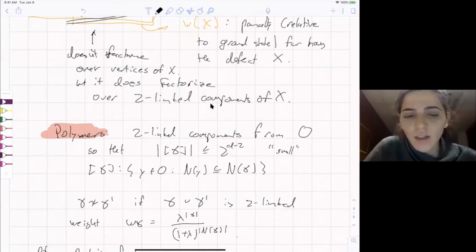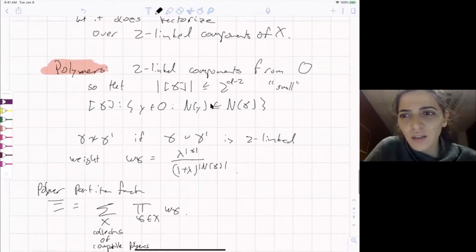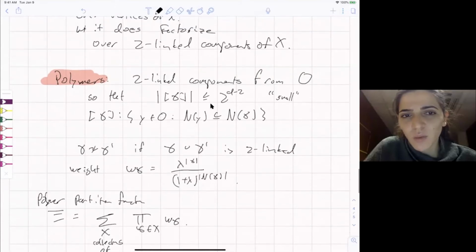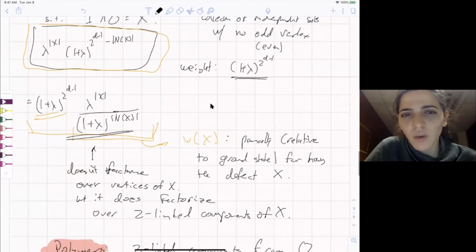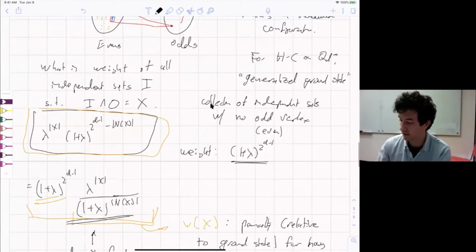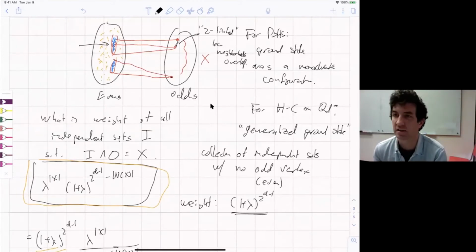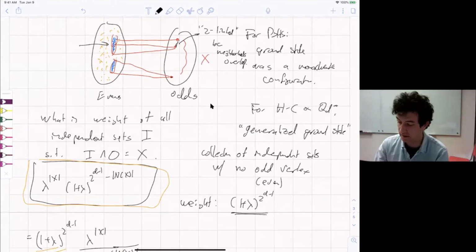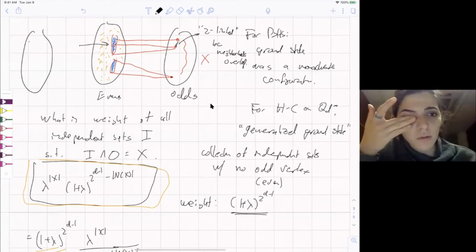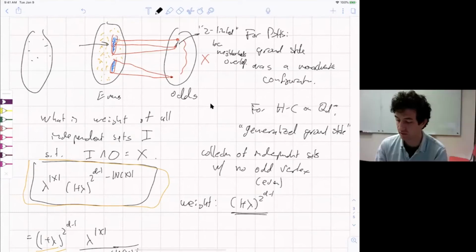Can you say where the second factor was coming from, this (1 plus lambda) to the 2^d minus 1 minus n_x? Why is it 1 plus lambda, the weight? Oh, I see. You mean, why is that the weight of the ground state? So if you have just a bunch of isolated vertices, what's the partition function of a bunch of isolated vertices?